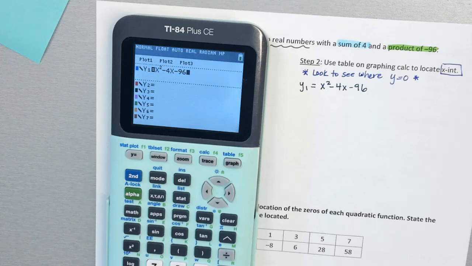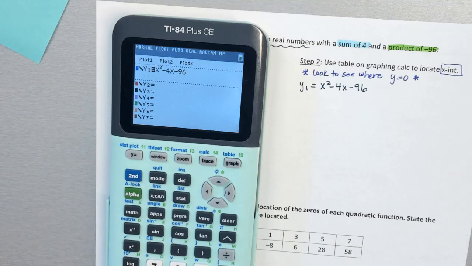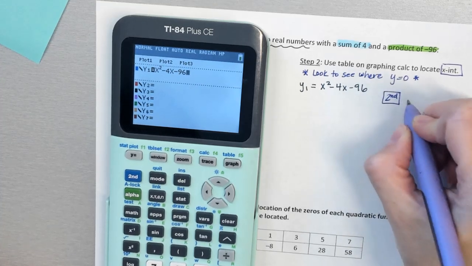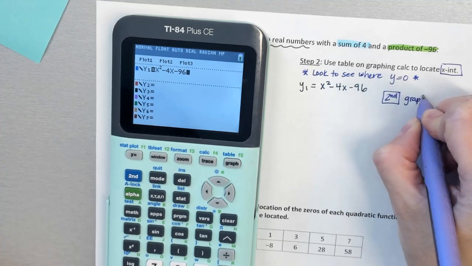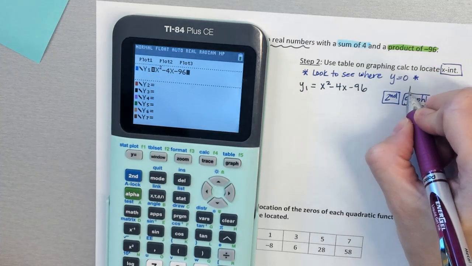All right, and then I want you to go to your table, and I want you to see if you can find that. Okay, so remember, to get to your table, you hit the second button, and then the graph button, because above the graph button it says table.